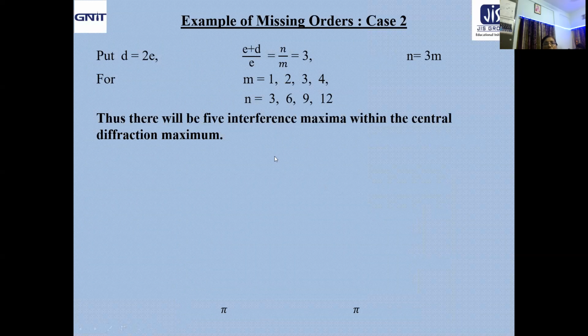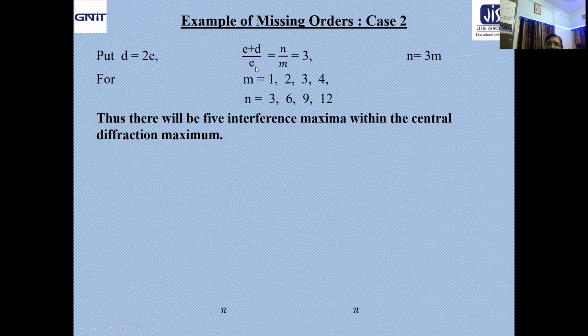Let us now move to the second case, that is D equal to twice E, because D is variable, but mind it, D must be of the order of E, the slit width, always. Now, what about the missing order? First let us look at the missing order condition.